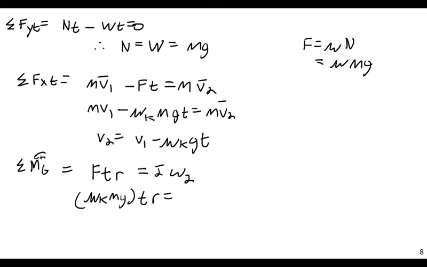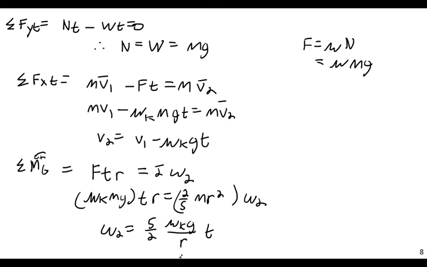And then if I want to put in the expression for the moment of inertia of a sphere, and that is 2/5 mr squared, times omega 2. And then if I solve this for omega 2, I get that omega 2 is 5/2 mu kinetic times g divided by r times t.